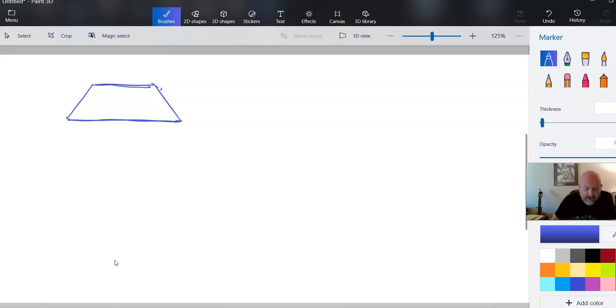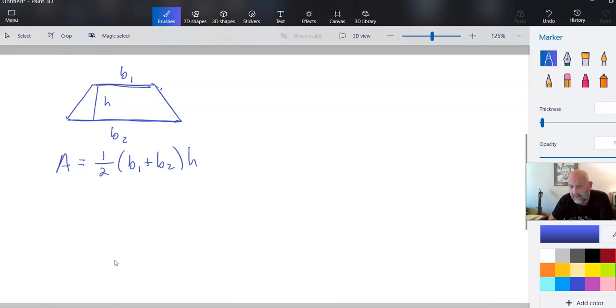Under normal circumstances, when you're dealing with things in a geometry sense, usually this is called base 1, this is called base 2, and then this is your height, right? That's how you end up computing it. And then the area ends up being the average of the two bases times the height. It's not always written in that order. Sometimes it's written 1/2 the height times the sum of the bases. But really what you're doing is averaging the two bases and multiplying it by the height.